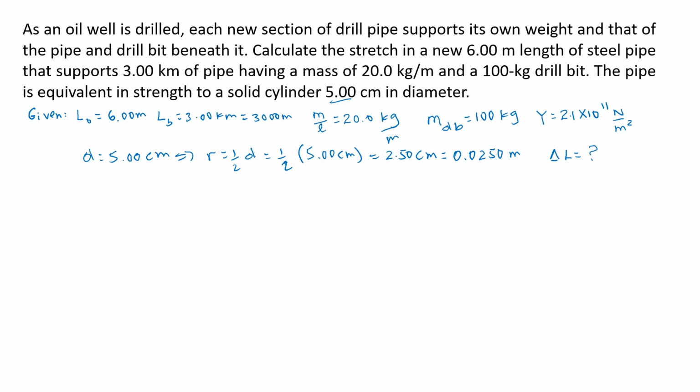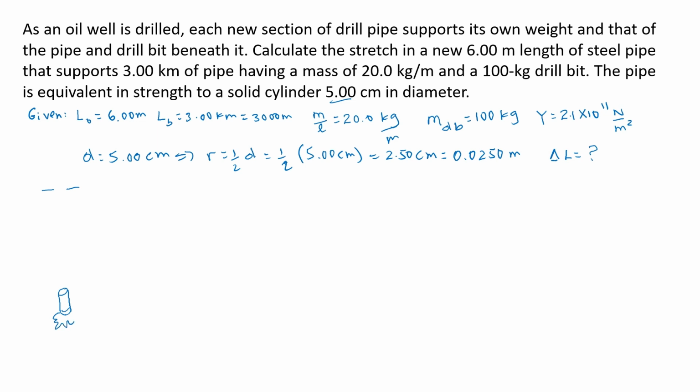Now to clarify the question, let's sketch it. So we have an oil well drilled to a depth of 3,000 meters. So let's draw the last pipe. The deepest pipe is a pipe which was actually inserted initially, and it's connected to a drill bit.